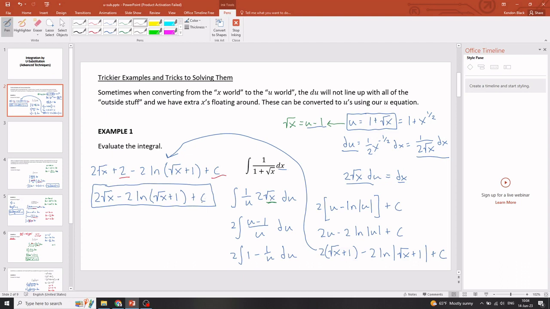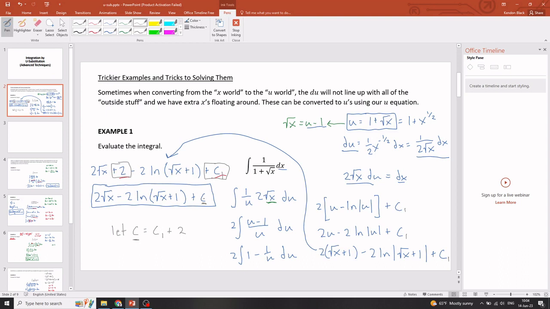Okay, this c is different than this c. So if we call this c1 instead of just c, and then we say let c equal c1 plus 2, now we have this 2 plus c1, and they combine to equal this c here.